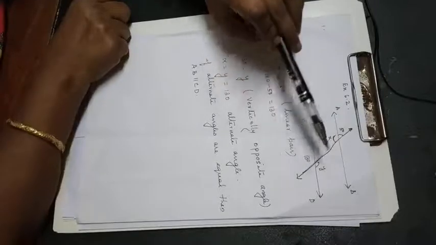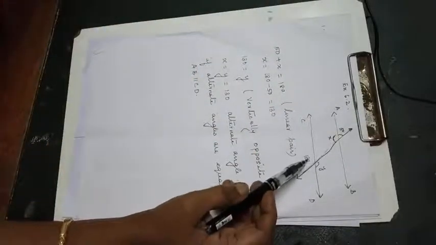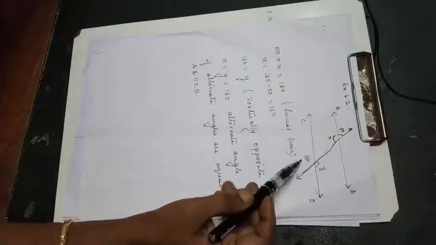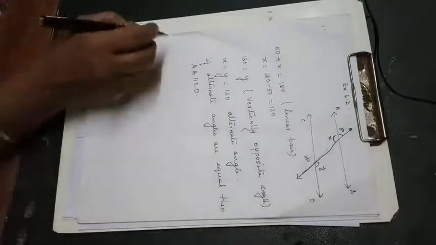Now AB, CD and that line is cutting them, so these two angles will be vertically opposite angles, so they also will be equal. Now the connection between x and y: they are alternate angles and they are equal, that means AB is parallel to CD.